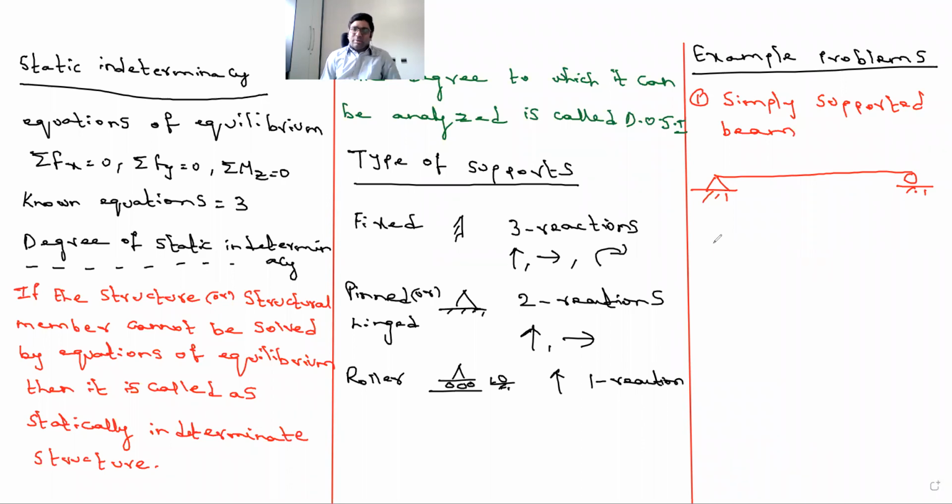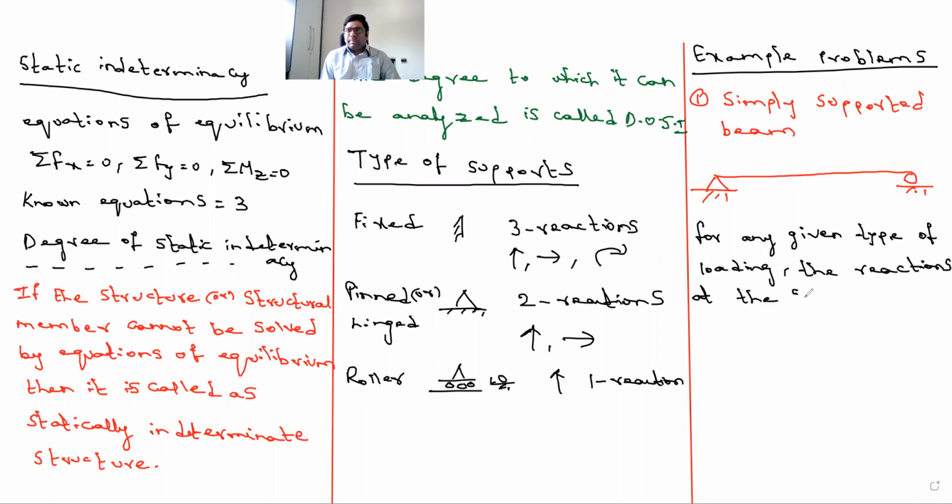Now, let us see here. All of you can see on the screen. If you have notes, you can write it or you can directly see on the screen. So here, for any given type of loading, the reactions at the supports are unknowns, isn't it?